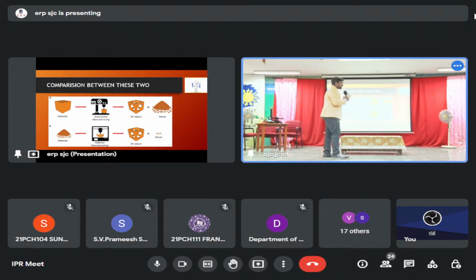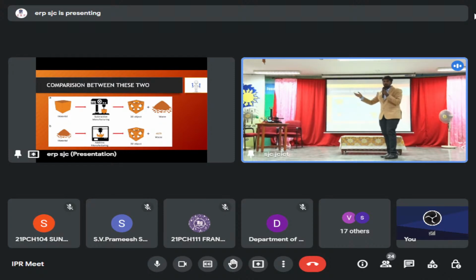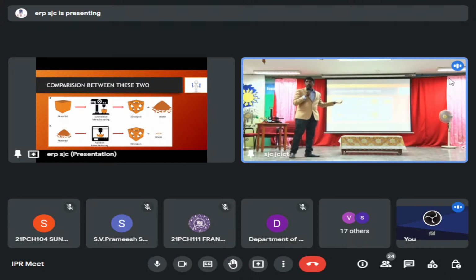But on the other hand, in additive manufacturing, I take a raw material, in either form, which we will discuss later, and feed the raw material into additive manufacturing machines like 3D printers, and I get the desired object with a very small amount of waste, or negligible waste. So you can see this, understood? That is how the two compare.